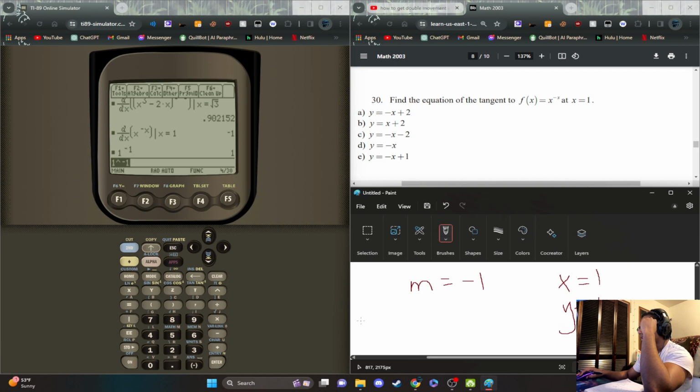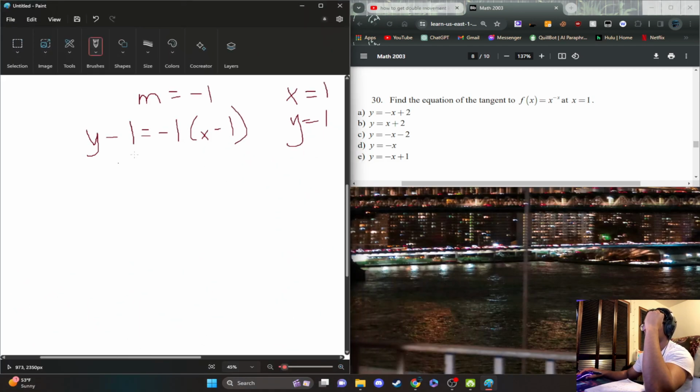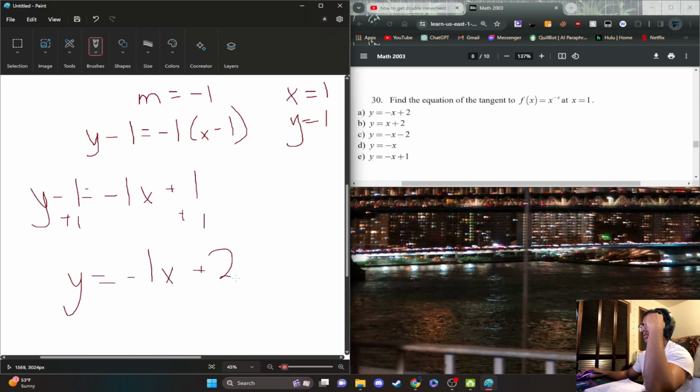With this information, you do the equation: y minus 1 equals negative 1 times x minus 1. Let me solve this real quick. So y minus 1 equals negative 1x plus 1, and you add 1 to both sides, and you'll get the equation y equals negative 1x plus 2.